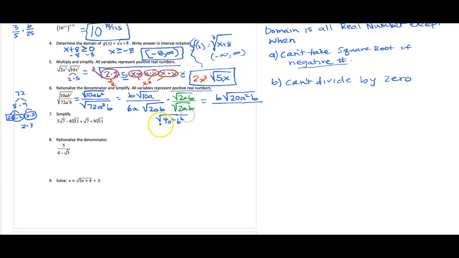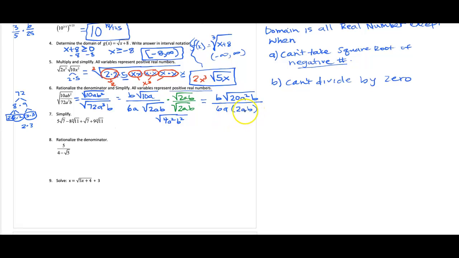Do you see that everything gets to come out? The square root of 4 is 2. Oops, I forgot I have that 6a out there first. Then this simplifies to be just 2ab. That's the whole reason we multiplied it by itself, so that it could come out to be that same thing.